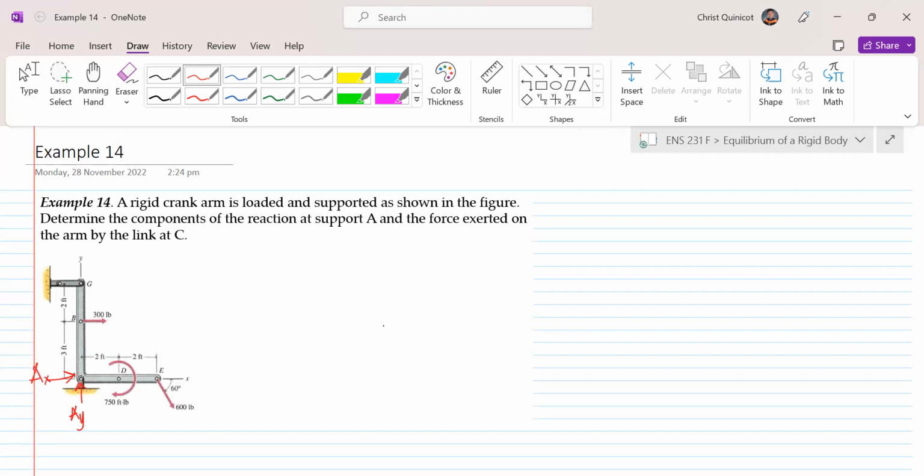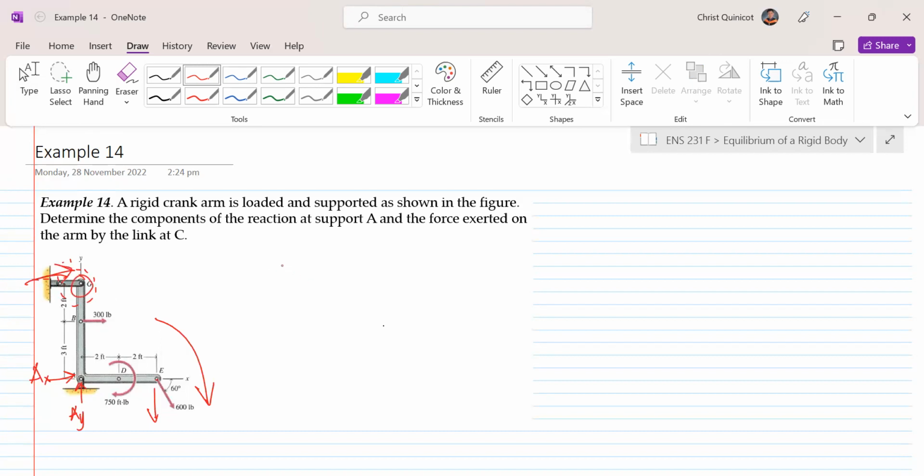Now for this other support, although it is also pin connected, if you have a force applied here, whether it is pulled or pushed, the only force being exerted here is a force to support this pin.